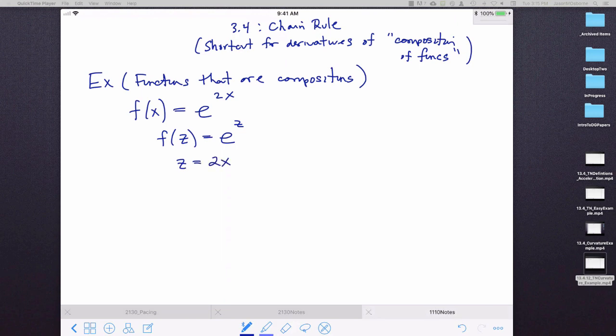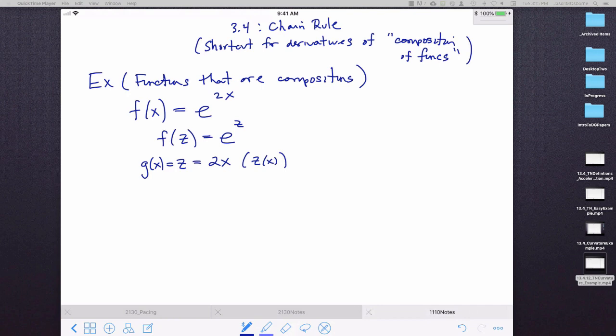Okay? Notice that z is a function of x. And I've just chosen the letter z because that makes sense to me. And now what you're seeing is, since z is a function of x, we could probably write even g of x for z. Okay?